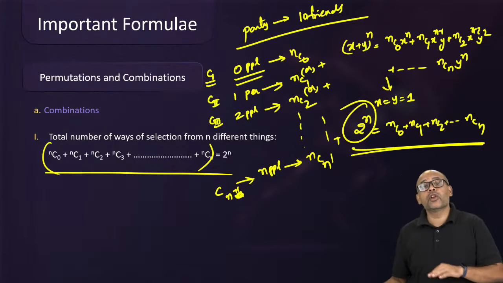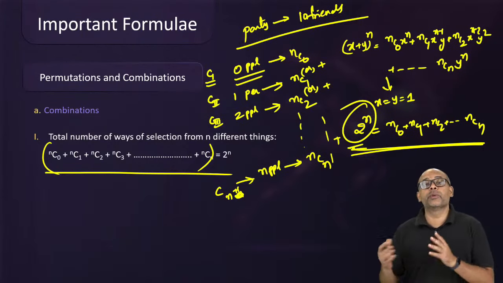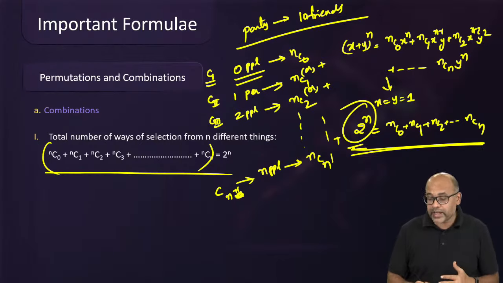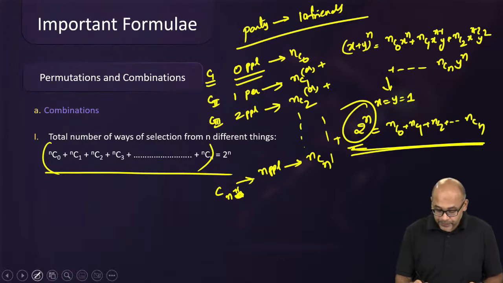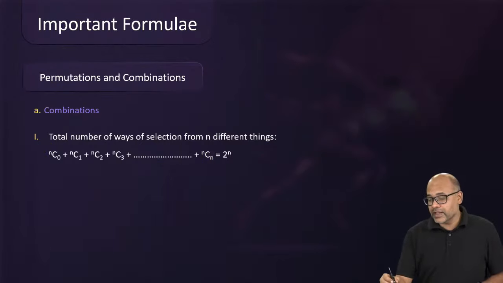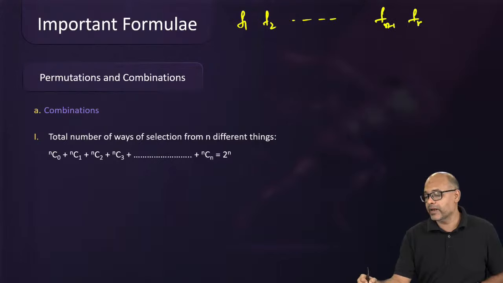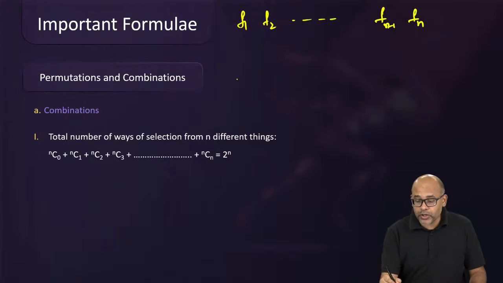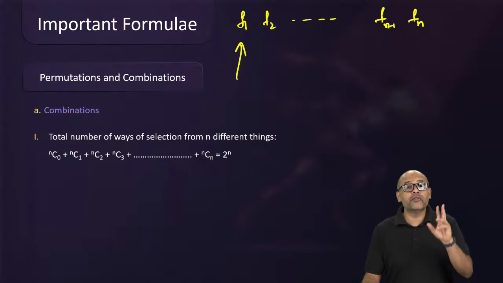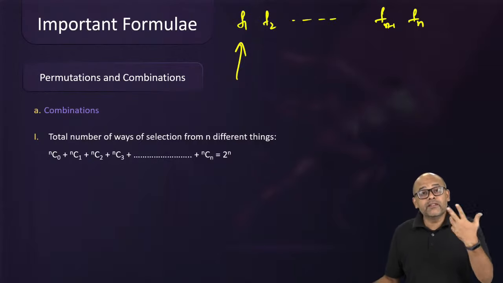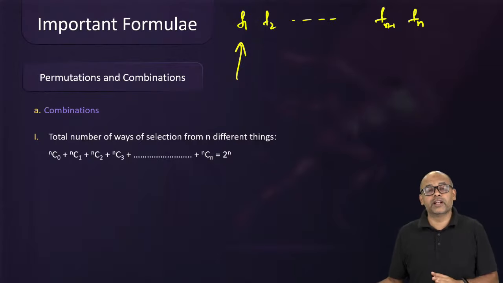Okay, there is one other logic with which you can get 2 power n without using binomial theorem. Let's also understand that. So the logic is somewhat like this. Let's say you have friend number 1, friend number 2 and so on up to friend number n minus 1 and friend number n. You will first go to a friend's house and you have two options. You either invite the friend or don't invite the friend.